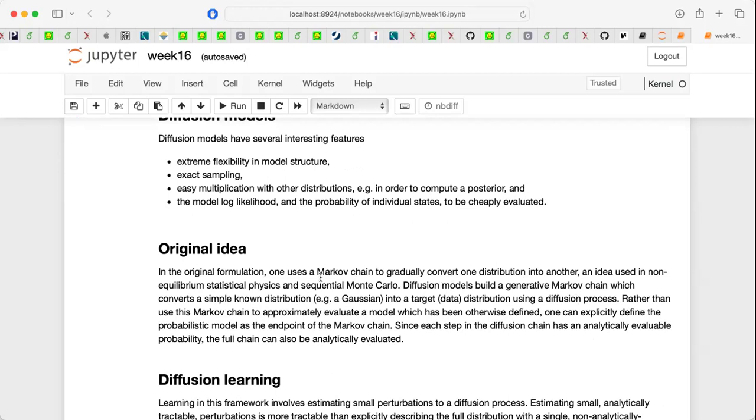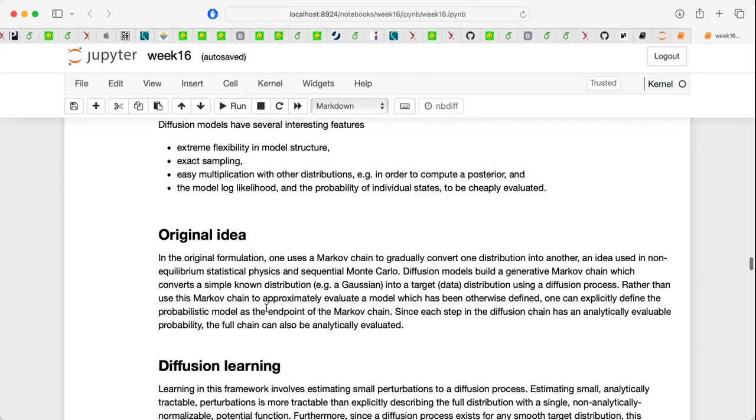And these are normally modeled in terms of different Monte Carlo samplings. So you would have a typical sequential Monte Carlo set of samplings. And diffusion models build a generative Markov chain, which converts a simple known distribution into a target data distribution using a diffusion process. So a Markov chain is a way to represent the process of diffusion.